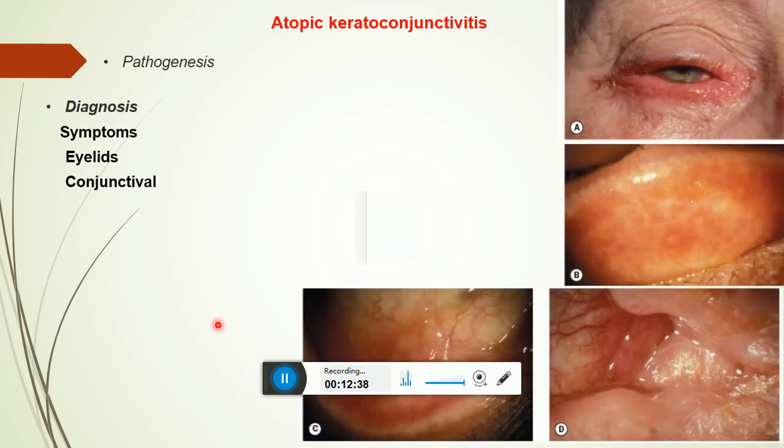Now, atopic keratoconjunctivitis. It is a rare bilateral disease that develops in adulthood, between 30 and 50 years, following a long history of atopic dermatitis, also known as eczema. Asthma is also extremely common in these patients.